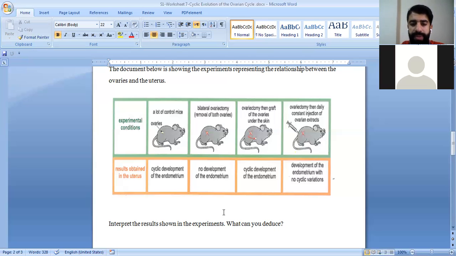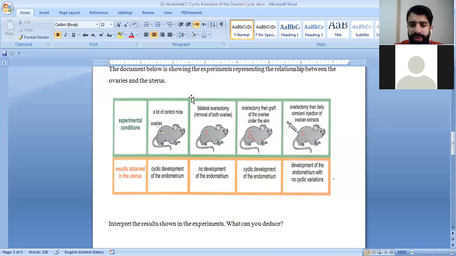Yeah. Okay. Let's start. No, start with the second experiment after bilateral ovarectomy. Second lot. At the second mice, we remove both ovaries.